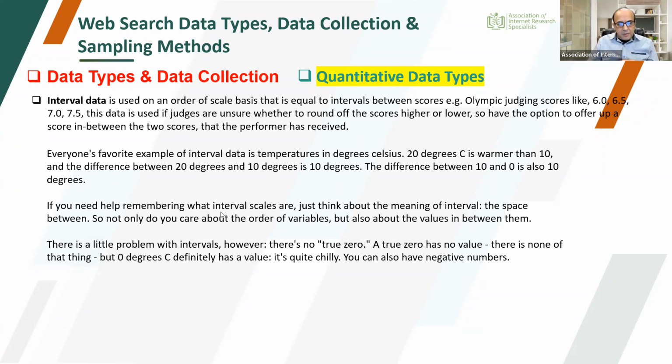If you need help remembering what interval scales are, just think about the meaning of interval, the space between. Okay. So not only do you care about the order of variables, but also about values in between them. So it is saying that interval data would have other examples, such as the one we showed you, that calculates the differential or the difference between two values as the outcome.